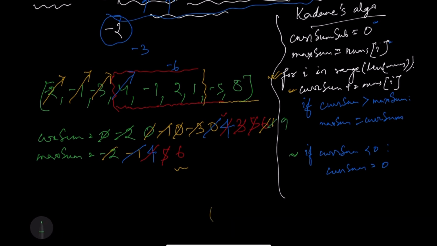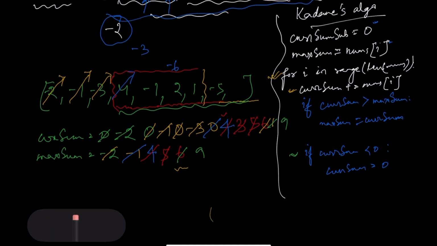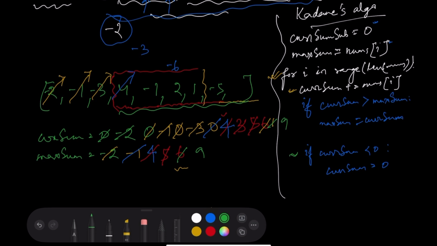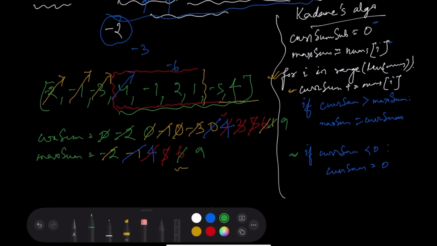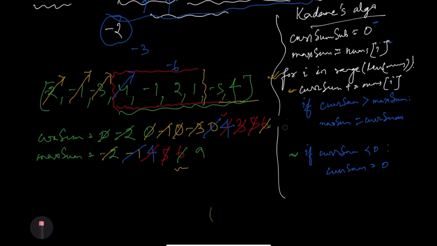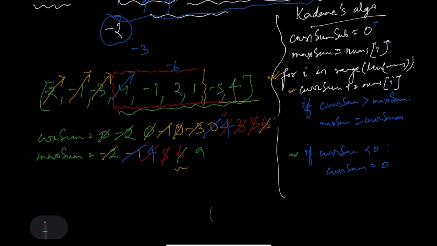It would be 9 and this one would get updated. So my whole subarray would have been this. But as this is a 4, this would just remain 1. Because if I add 4, it would just be 5 and 6 would still have been my maximum sum.